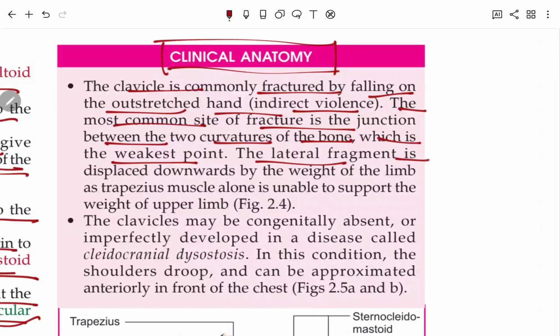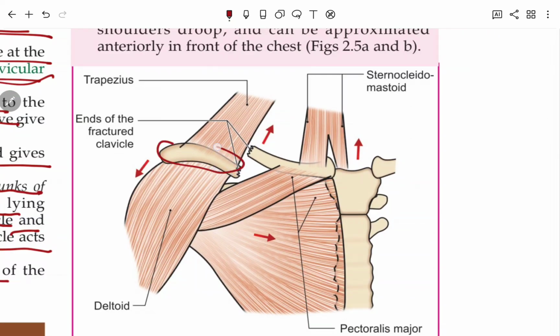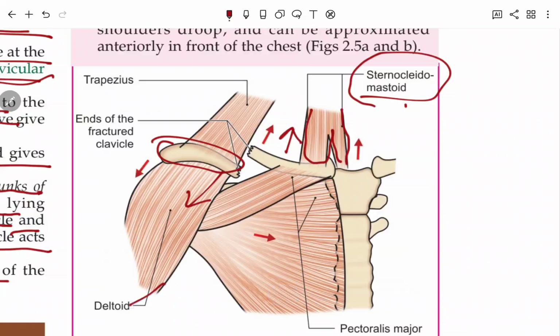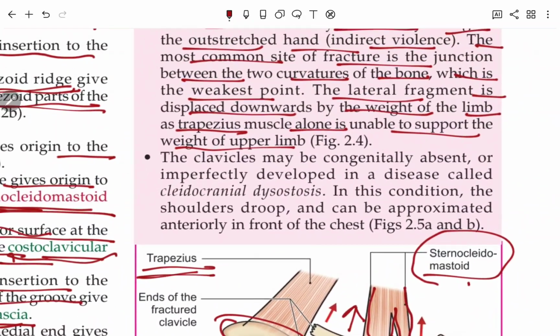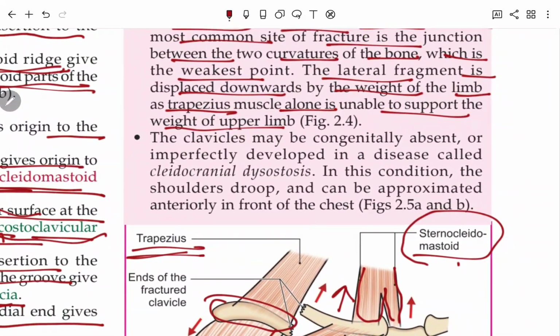The lateral fragment is displaced downwards by the weight of the limb, as the trapezius muscle alone is unable to support the weight of the upper limb. See, the lateral part goes downwards. This is going to go upwards because of the pull of sternocleidomastoid. But here is deltoid, weight of the arm, which is not going to be borne by trapezius. Trapezius is a strong muscle, but not that strong that it can lift the whole upper limb.